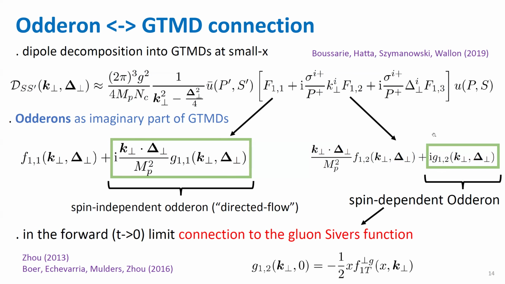Now, F12 is also very interesting. This is called the spin-dependent Odderon because of this Dirac structure, because in the forward limit, this function is just the gluon Sivers function, as was emphasized in these works. So in the first part of my talk, I focus on the spin-independent Odderon, and then in the second part, I show some results for the spin-dependent Odderon.